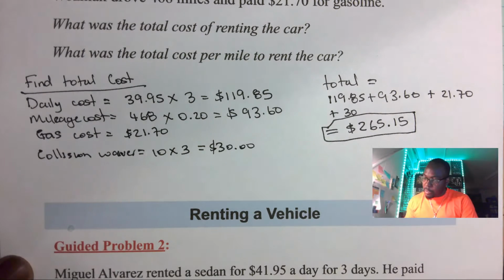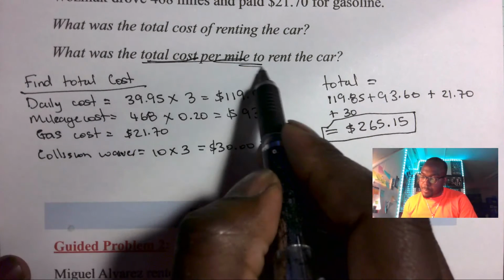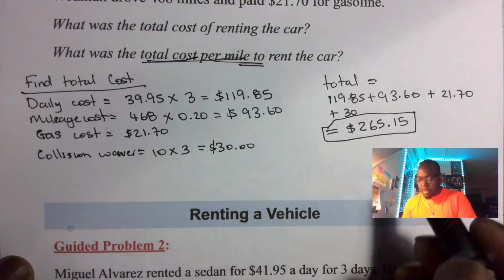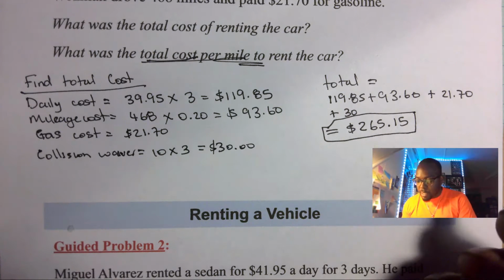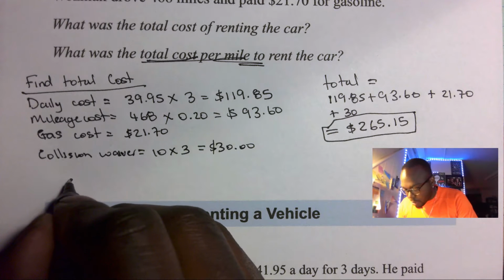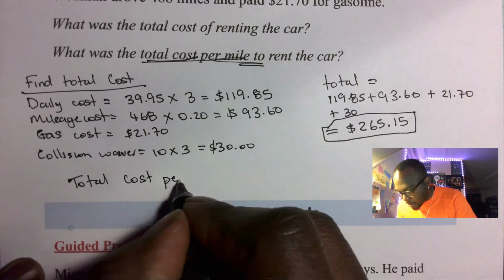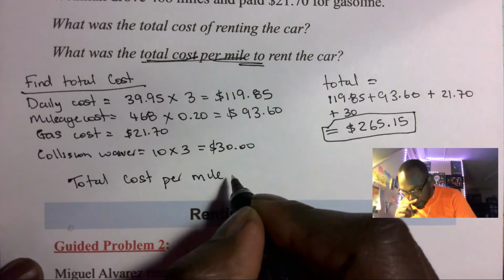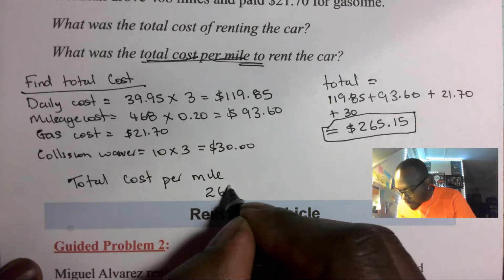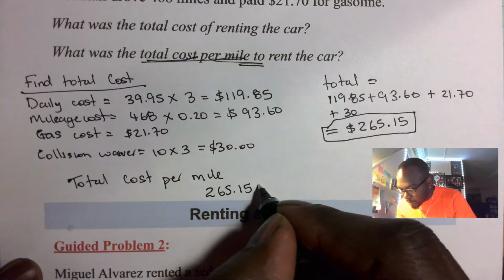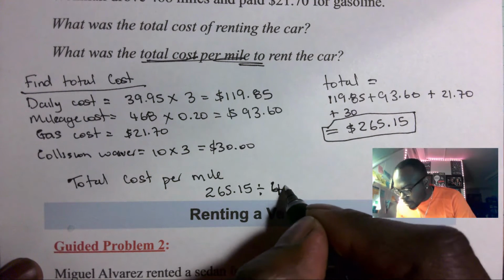Now the next thing we're going to do is find the total cost per mile. How do I get this? I'm just going to take the total cost and divide it by the number of miles. So total cost per mile is equal to 265.15 divided by the number of miles driven, which is 468.